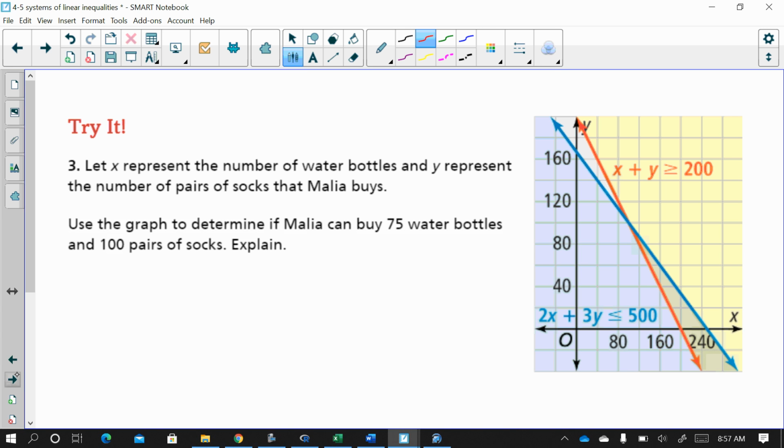So we need to determine if Malia can buy 75 water bottles and 100 pairs of socks. So let's see if that point is anywhere in the shaded region. Okay, 75 water bottles is X, so I'm looking for the point 75, 100. Okay, so 75 would be right in here, 100 would be right in here. Is that going to work?